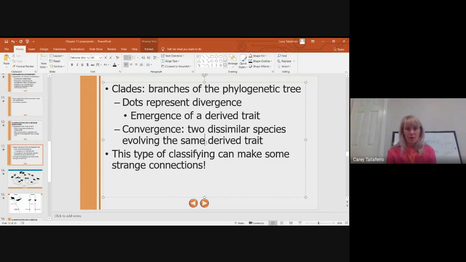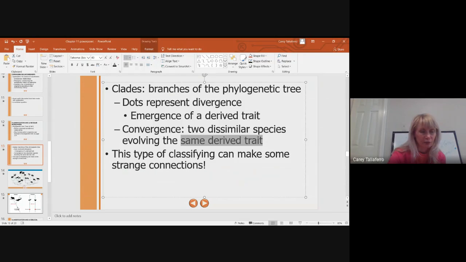Bats are mammals. But they all have the ability to fly. So insects have wings. Birds have wings. Bats have wings. They can all fly. So the development of wings, that's the idea of convergence. They are different evolutionarily, but along the way, they were able to evolve that same derived trait, in that case, flying. So you get some really interesting connections when we look at that.